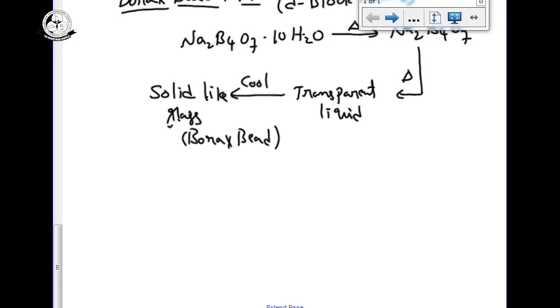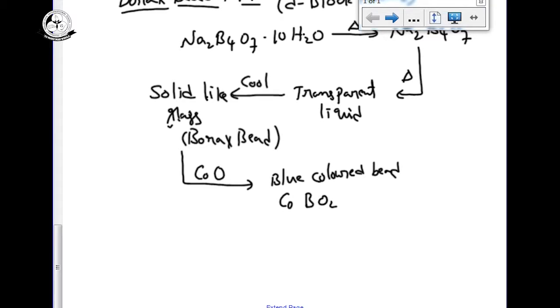This borax bead on reaction with, for example, a salt containing cobalt oxide gives a blue colored bead, which is the formation of cobalt metaborate.